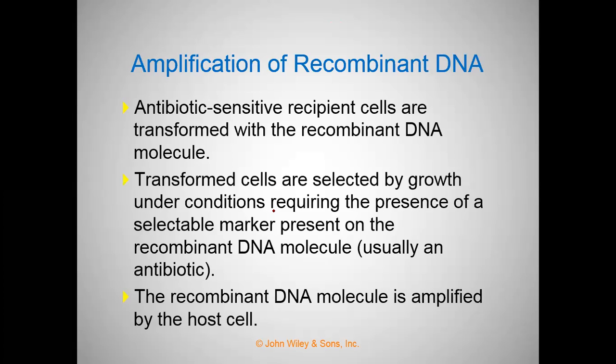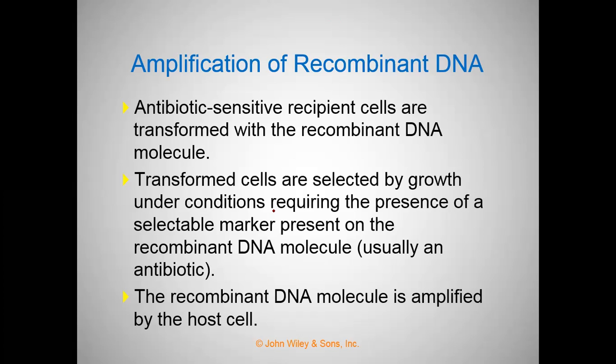Amplification of the recombinant DNA. Antibiotic sensitive recipient cells are transformed with the recombinant DNA molecules. Transformed cells are selected by growth under conditions requiring the presence of the selectable marker present on the recombinant DNA molecules. I already discussed in the class that when we construct the library, after its construction, we need to know whether our gene of interest is added in this particular plasmid or not.